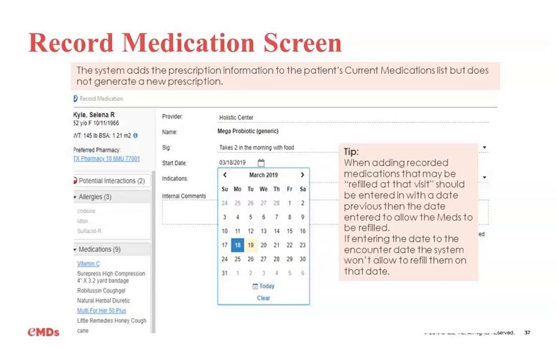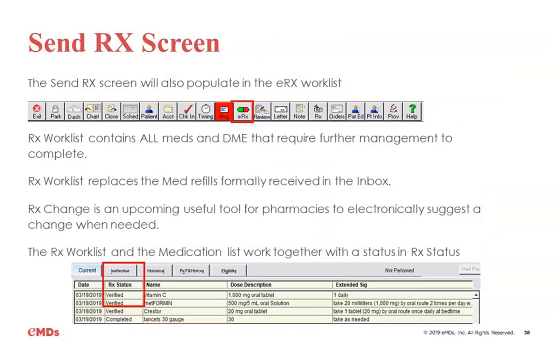So that's just a tip: before we could change dates on the template, and you don't have that ability now. But like I said, with a recorded medication, you can modify it and change the date if you forget.